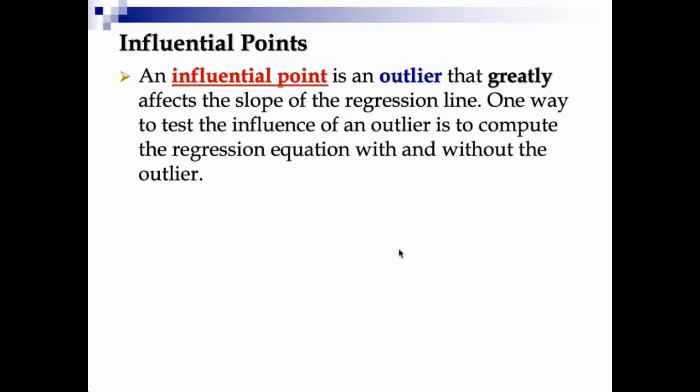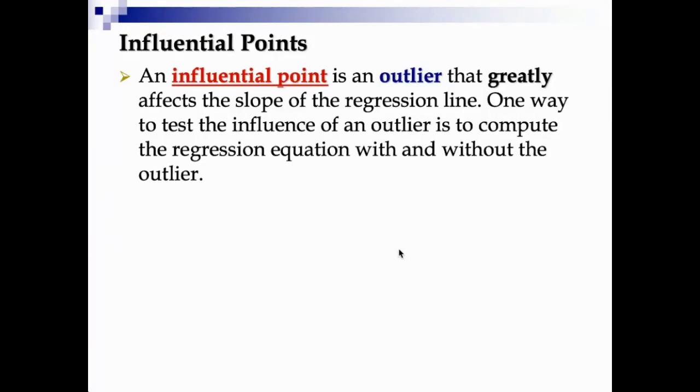One way to test the influence of an outlier is to compute the regression equation with and without the outlier. So if you look at the regression line with an outlier and without the outlier, if the slope or the correlation is greatly affected, then that point is an influential point, okay?